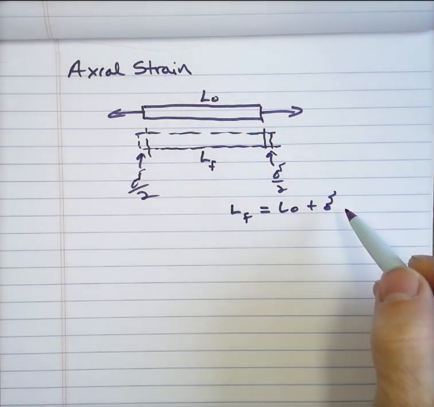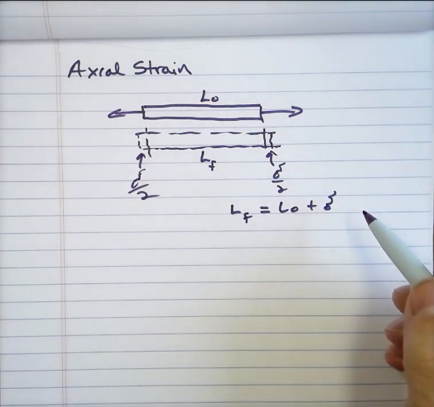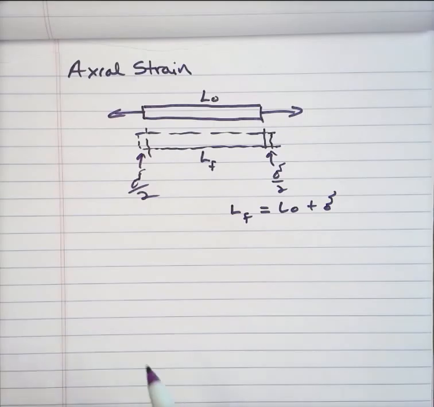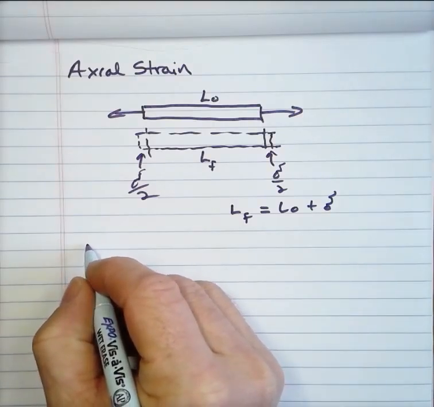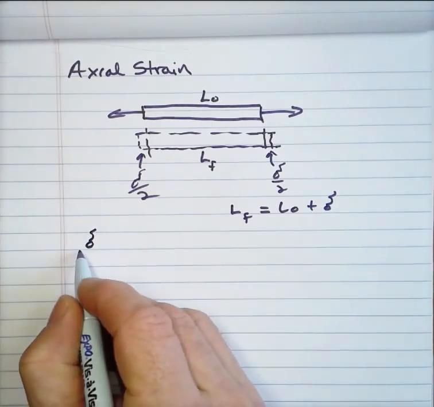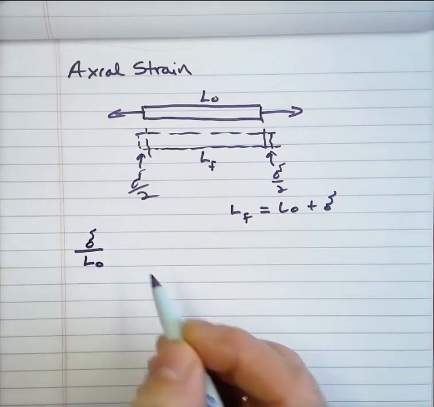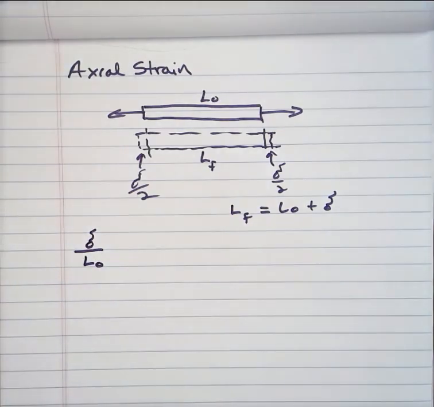And that's useful to an extent, but what we like to do is to normalize that increase in length. And basically what we do there is we take delta and divide it by the original length. And now it doesn't matter whether you had an 8-foot long to start with or a 10-foot long to start with.